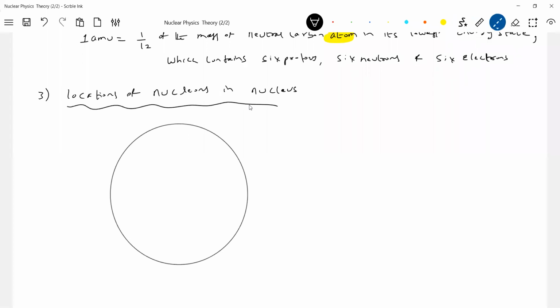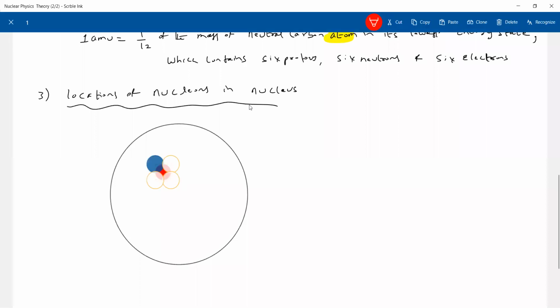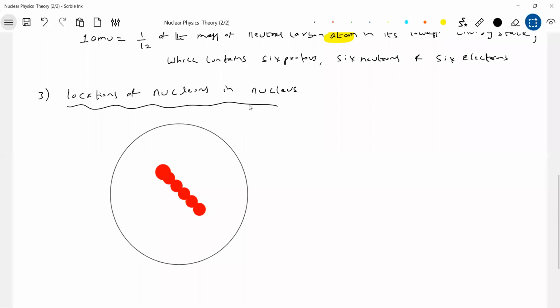This particular thing is like a cluster. We can't move, so it's better to draw it.